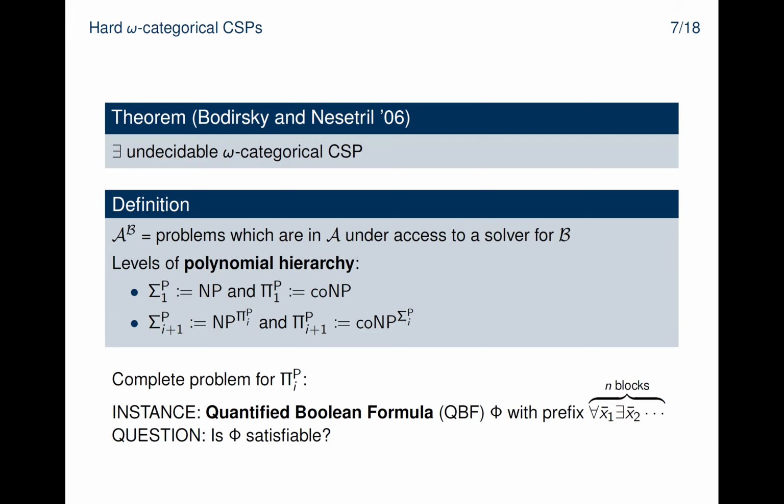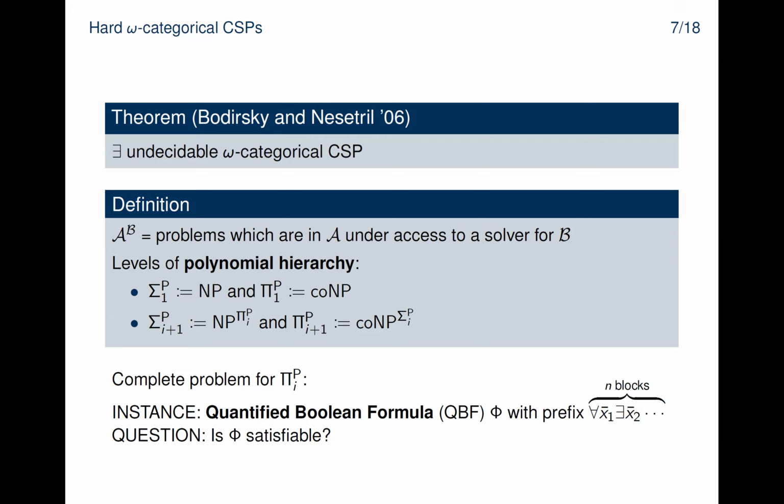So a natural problem here is satisfiability of so-called quantified Boolean formulas. So a quantified Boolean formula is a formula which does not have any signature. We're just working with variables which evaluate as 0 and 1, and we allow the standard connectives like conjunction, disjunction, and negation. And then we allow a quantifier prefix which tells us how to quantify over these variables, right?